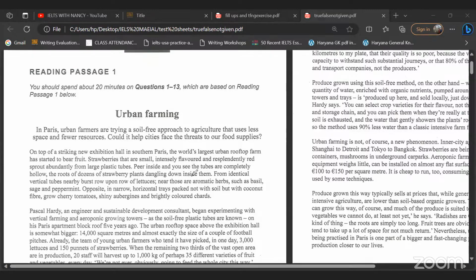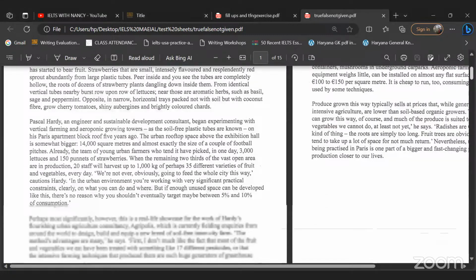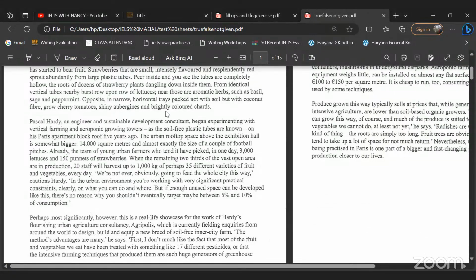Peer inside, and you see the tubes are completely hollow. The roots of dozens of strawberry plants dangling down inside them. I cannot see urban farming. You just need to check the keyword urban farming. Skim, scan. Did you find anything about urban farming in this paragraph? Urban farming, ground.